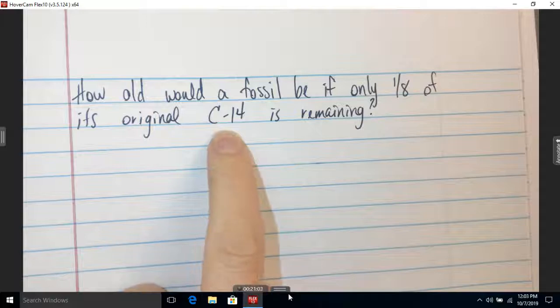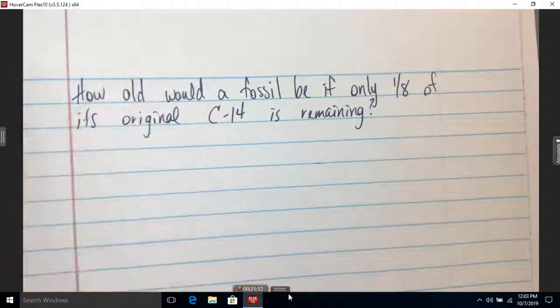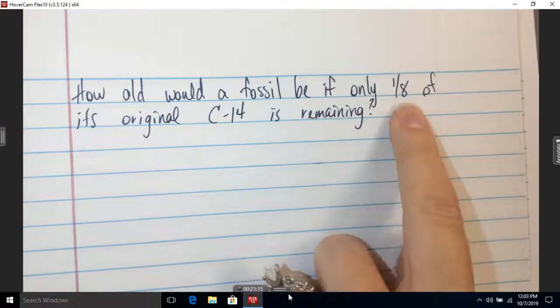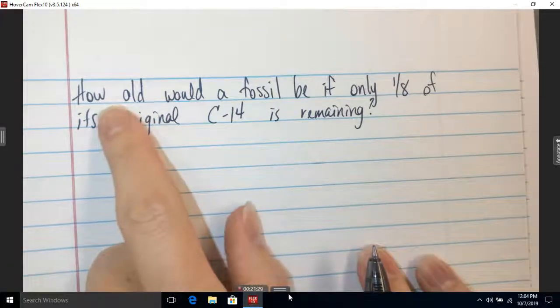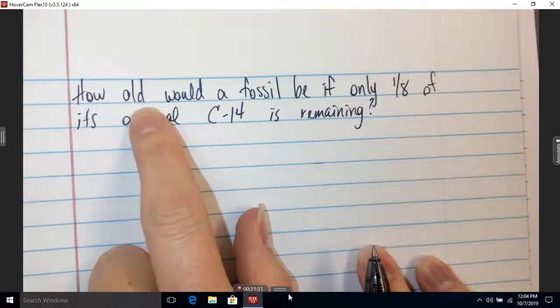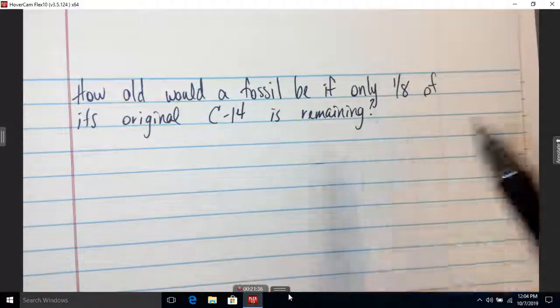We're still dealing with carbon-14. And I said it's just like what we did, but I changed it to read 1/8. That doesn't even matter at this point. I'm looking for how old, like age. 45,000. No.